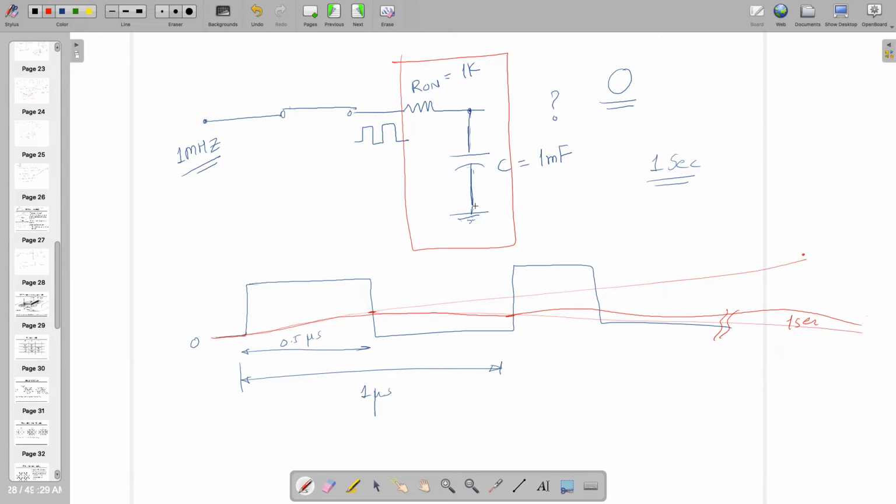Or let's look at it in a different way. This is an RC filter whose bandwidth is 1 hertz. Right? It's 3 dB bandwidth. It's 1 hertz. So if you are applying anything like 1 megahertz, what will be the output?